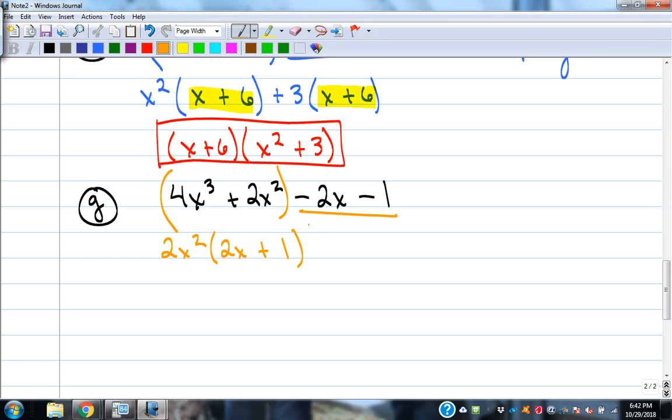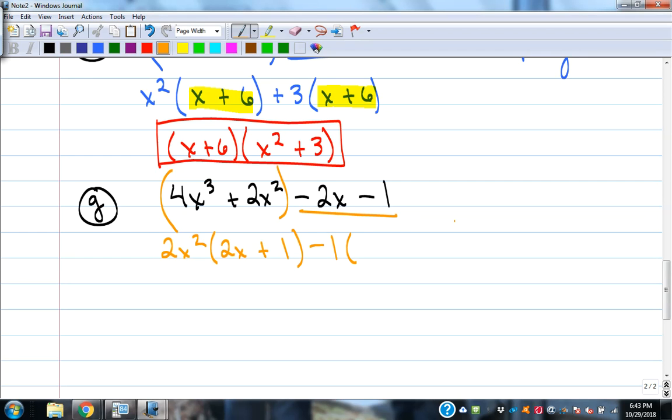I know this minus sign is going to come straight down and go in front of the GCF of the next 2. What's the GCF of 2x and 1? 1. That's right.